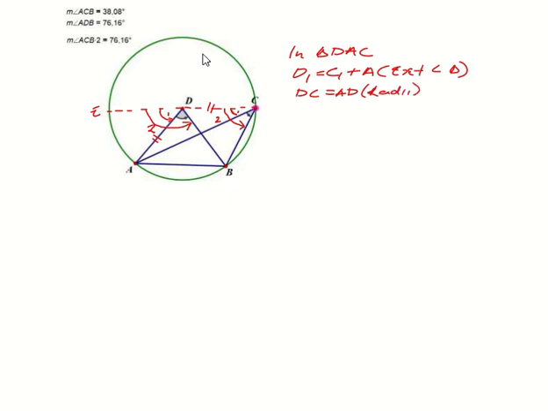Then it means that A is equal to C1, and it's because angles opposite equal sides. So angles opposite equal sides. Therefore, D1 is equal to, because A is C1, C1 plus C1, which is twice C1.